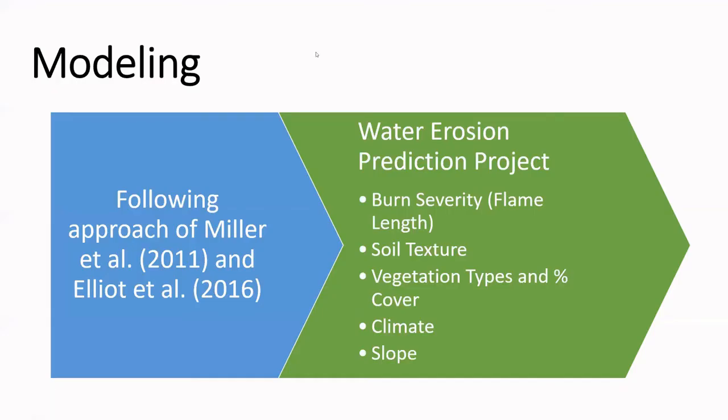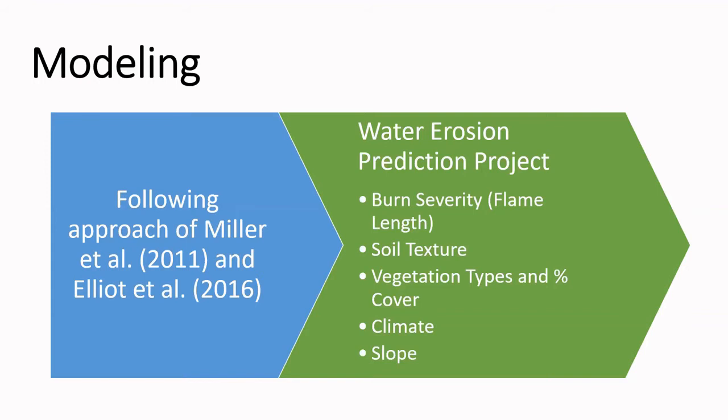Thank you. So we did a little bit of background research to figure out what models were available to predict erosion, and there are several out there. We ended up using a tool called the Watershed Erosion Prediction Project, a model developed by the U.S. Forest Service, the U.S. Agricultural Research Service, and numerous universities.